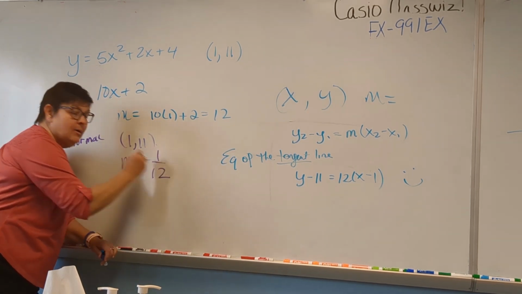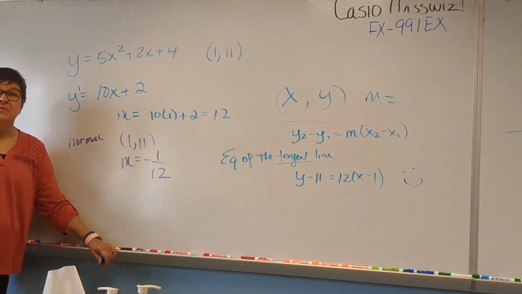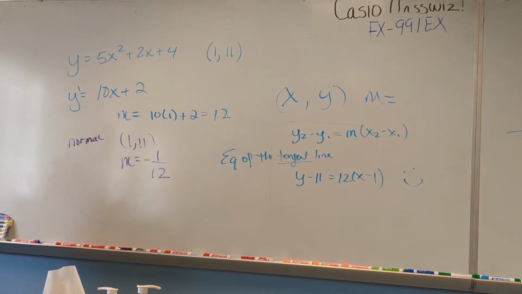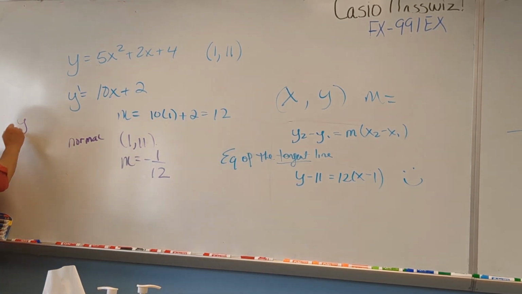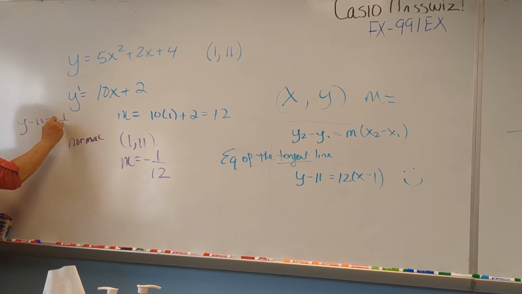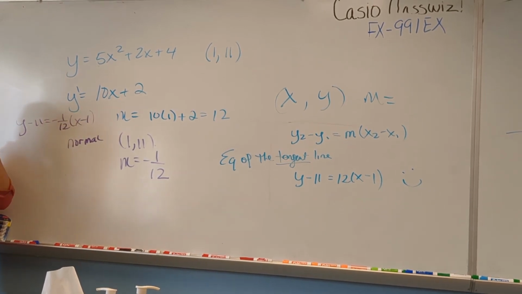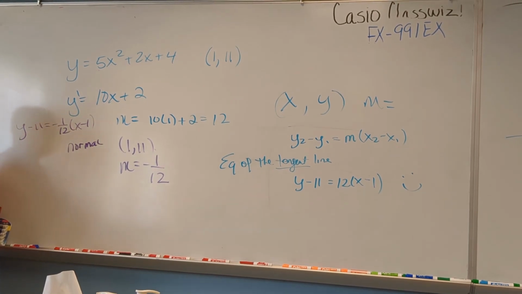Negative 1 over 12. Can I find the equation of the normal line? What do I need to do to find the equation of a line? An x, a y, and a slope with my favorite formula. So this would be y minus 11 equals negative 1 over 12 times x minus 1. And you have now found the equation of a normal.